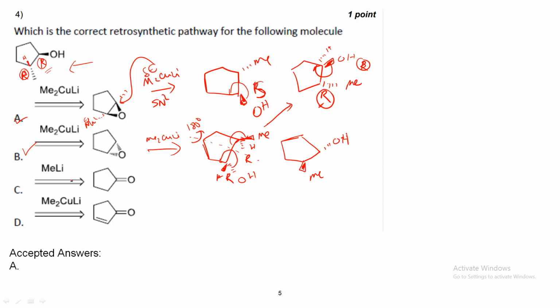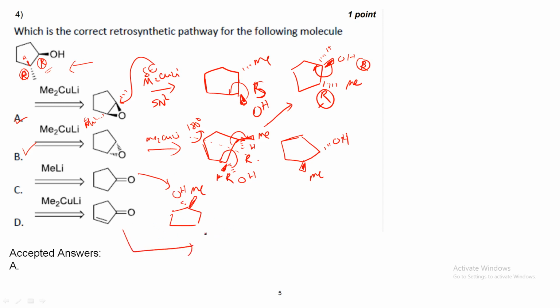And for this case it is completely irrelevant, because with this you are going to have a 1,2 attack which would form this type of molecule, which is not correlated with the given product that they have asked.